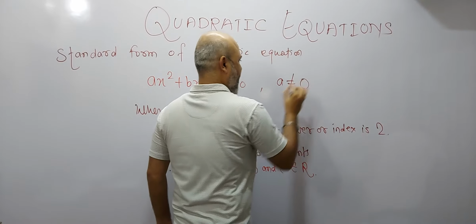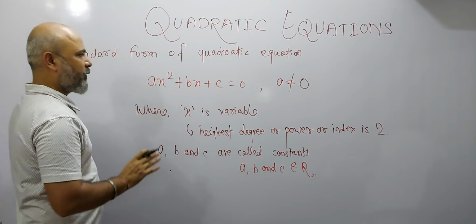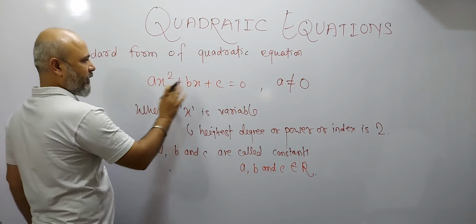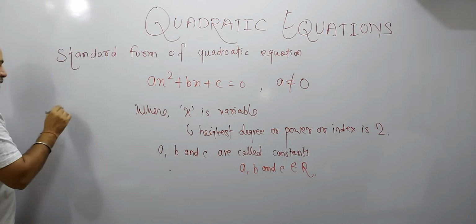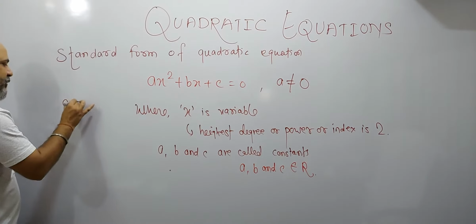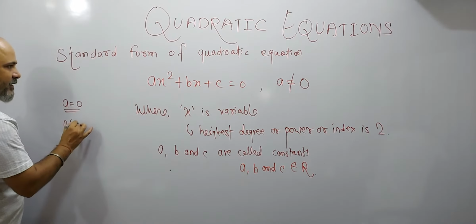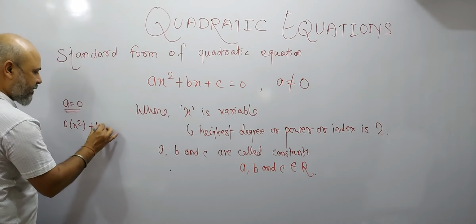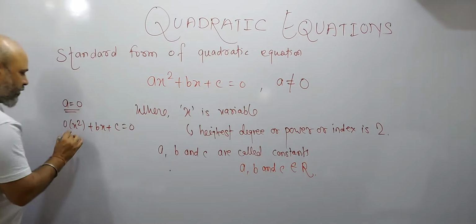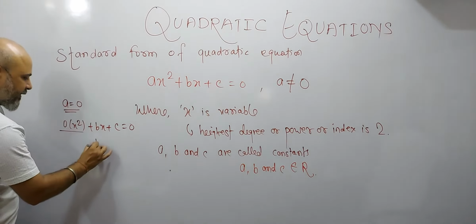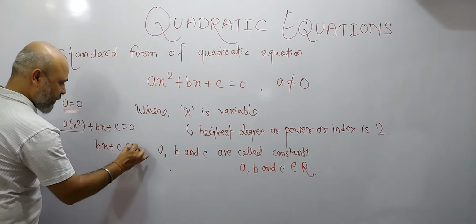a is not equal to 0, because when a becomes 0, what will happen? 0 into x square plus bx plus c is equal to 0, so this term becomes 0. You will get bx plus c is equal to 0.